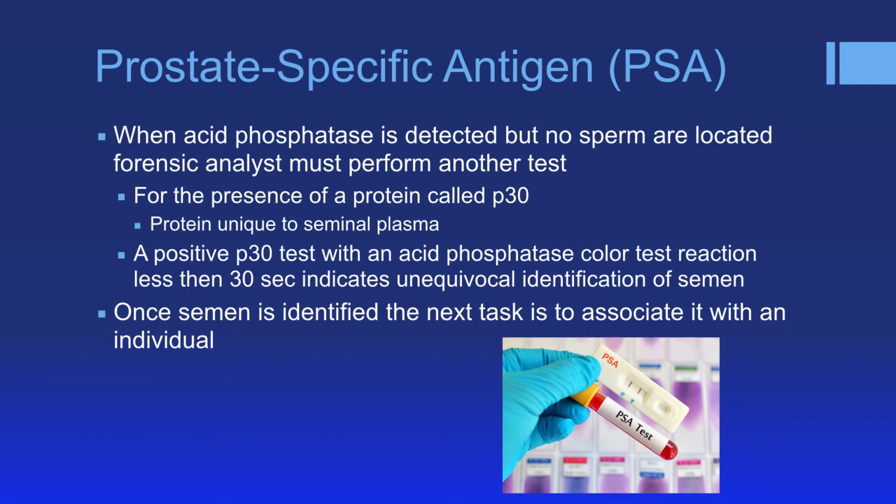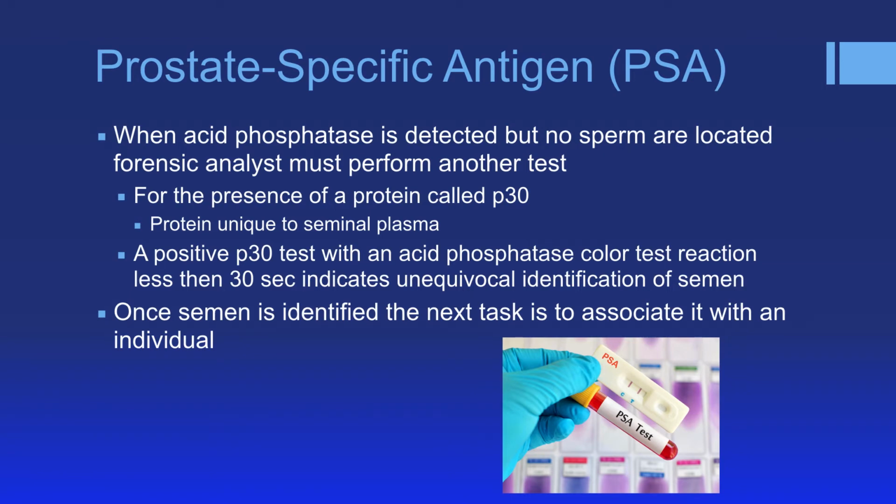They're looking for the presence of a protein called P30, or prostate specific antigen, which is unique to seminal plasma. A positive P30 test with an acid phosphatase color test reaction of less than 30 seconds indicates unequivocal identification of the semen. Once semen is identified, the next task is to associate it with an individual.